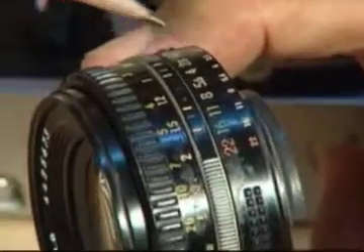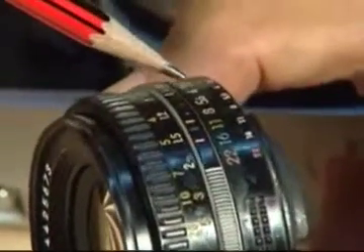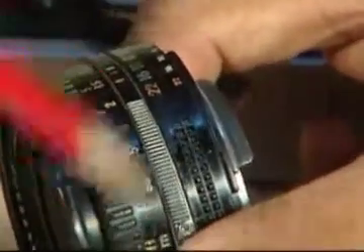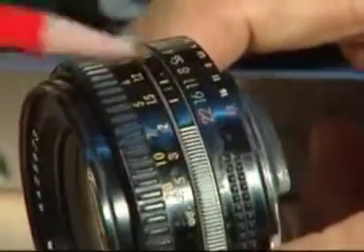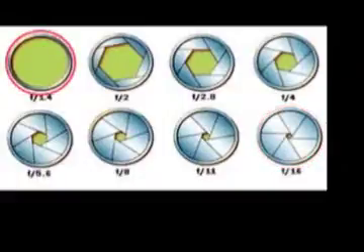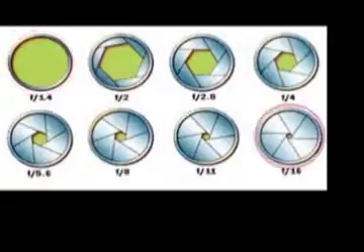Now, when you look at these numbers, 1.4 to 32, the greater the number, the smaller the opening. The smaller the number, the larger the opening. That means at 1.4 the lens opening may be full, and at 22 or 32 the lens opening is minimum.